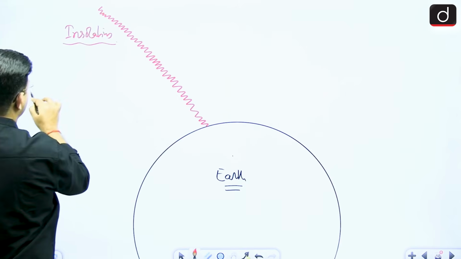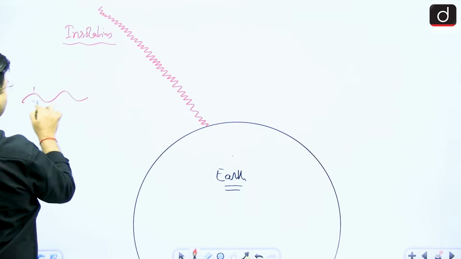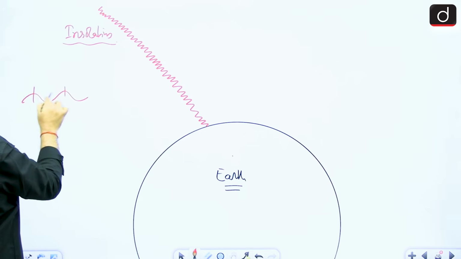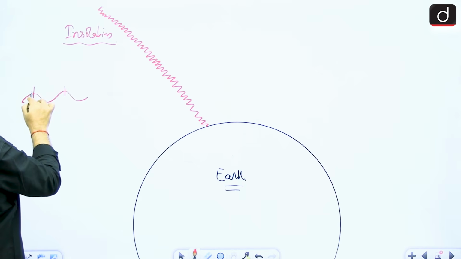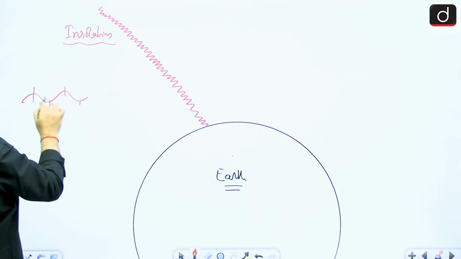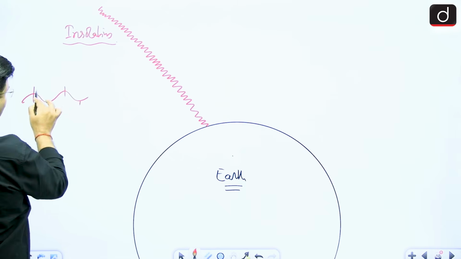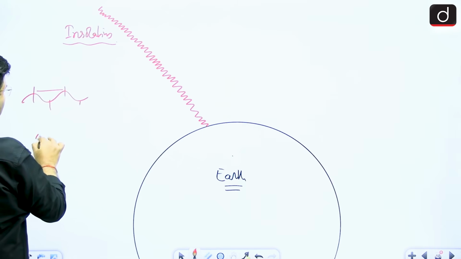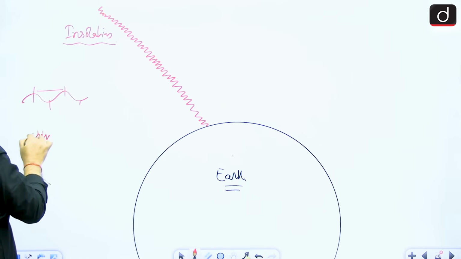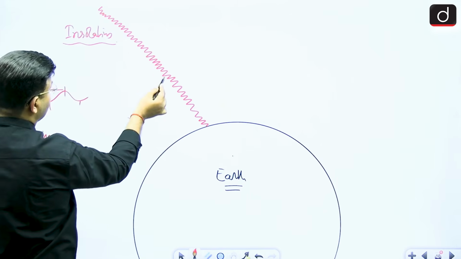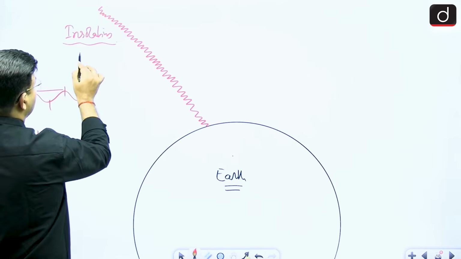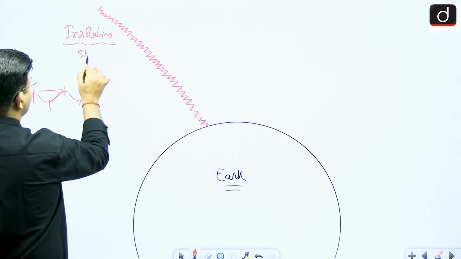The distance between these two vibrations, this is known as a crest, and this is known as a trough. It is not part of that, but this is the wavelength. So the wavelength is short, so the incoming solar radiation coming from the sun is always a short wave.